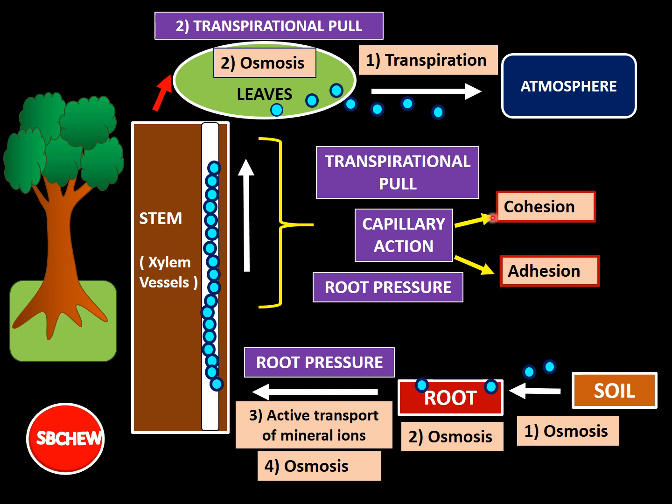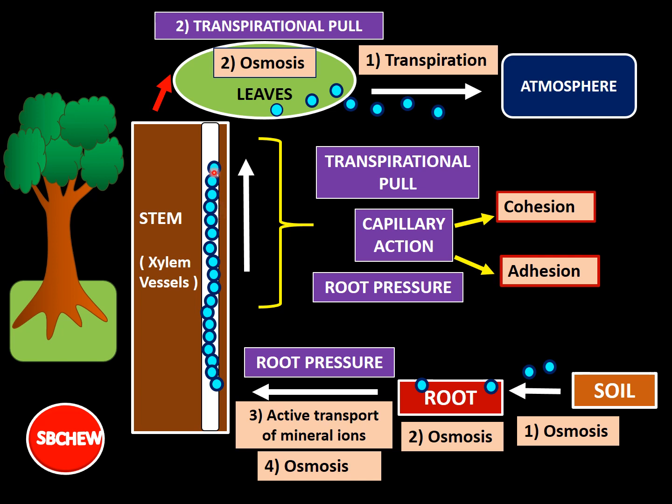In cohesion, water molecules are attracted to one another, and this makes them stick together and form a long continuous water column that is pulled up to the leaves. Adhesion is the force of attraction between different types of molecules, for example, between the water molecule and the wall of the xylem vessel.